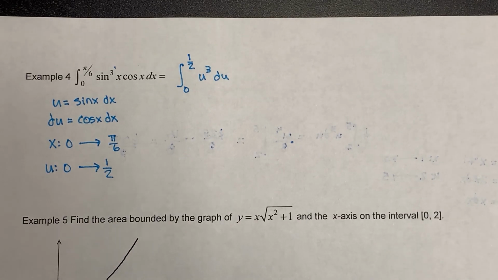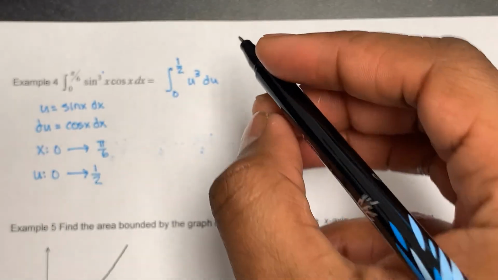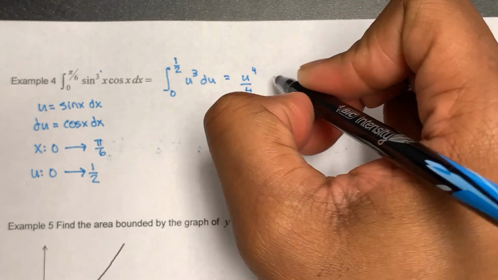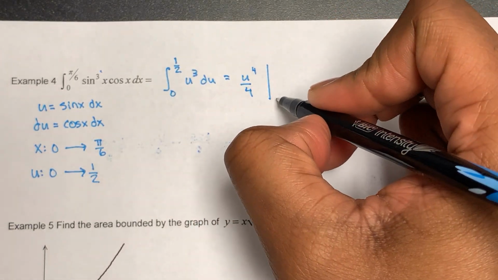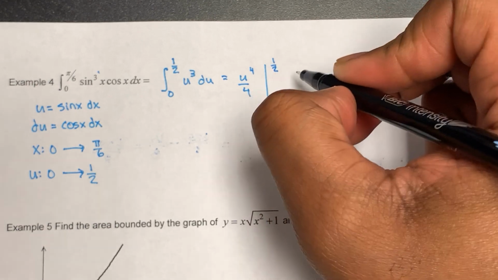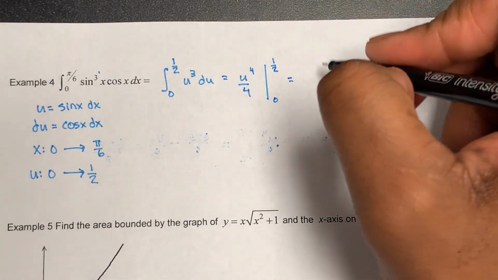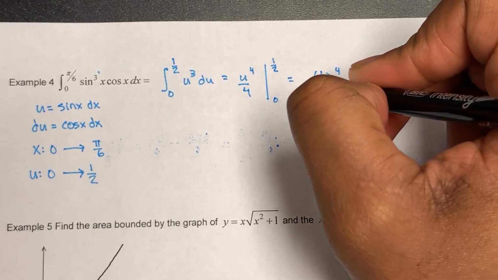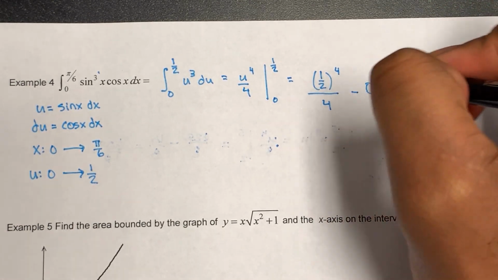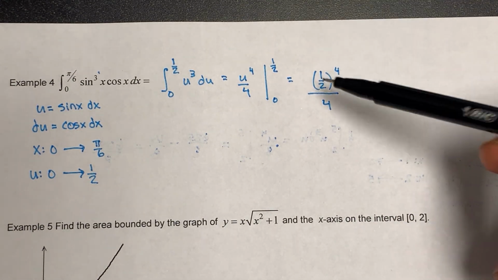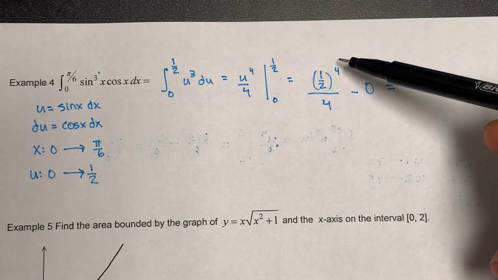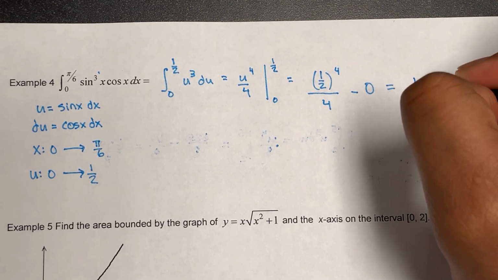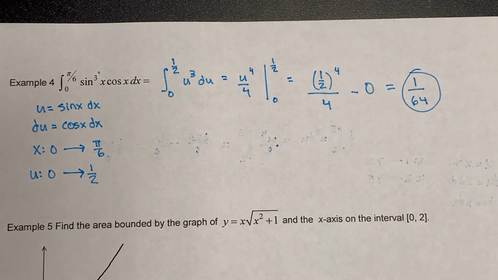When we integrate this, we will get u to the 4th over 4 evaluated from 0 to 1/2. So 1/2 to the 4th over 4 minus 0 is, well, 1/2 to the 4th is 1/16, and then divided by 4 is 1 over 64.